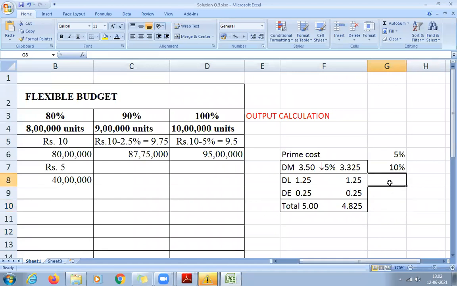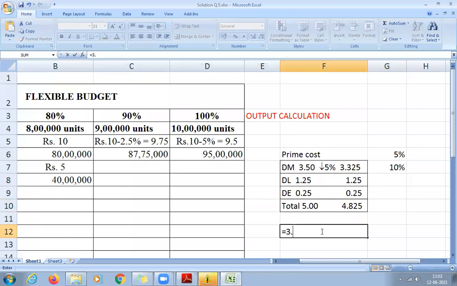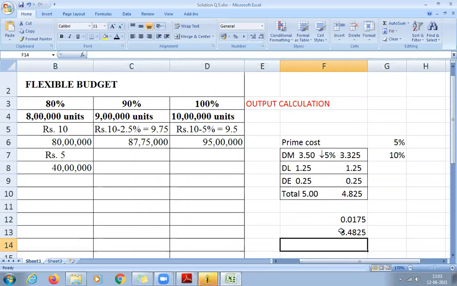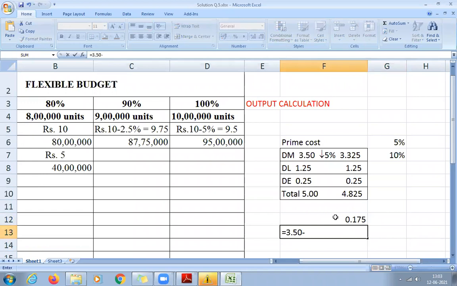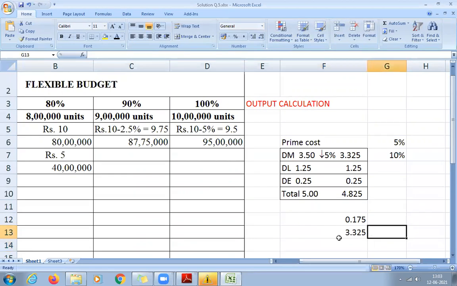5% of 3.5 is 0.175, that is 3.5 into 0.05. Now you minus this amount: 3.50 minus 0.175. How much will you get? 3.325.